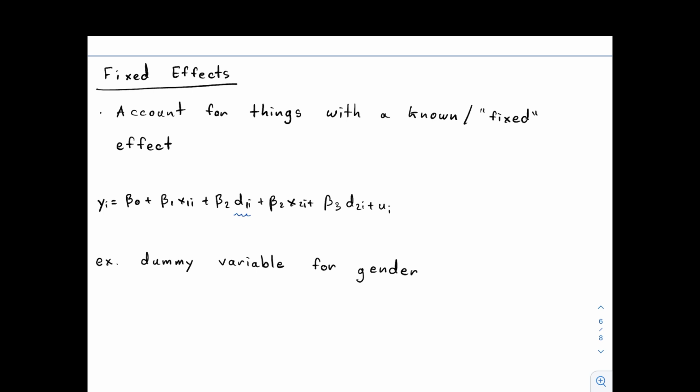Now, the reason we're calling this fixed effects is because we would expect the effect of unemployment on income level to be pretty consistent across all individuals.